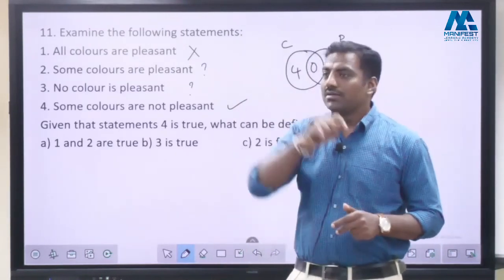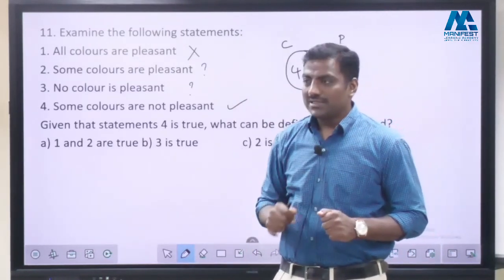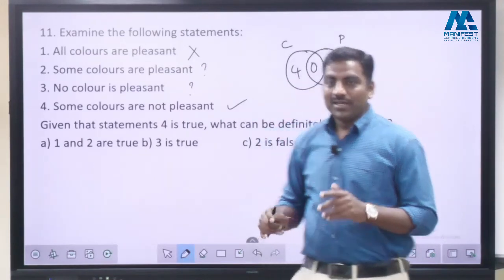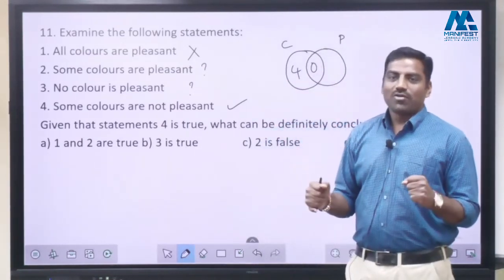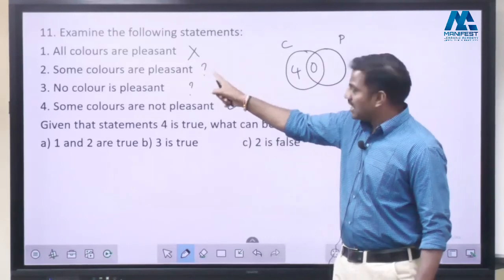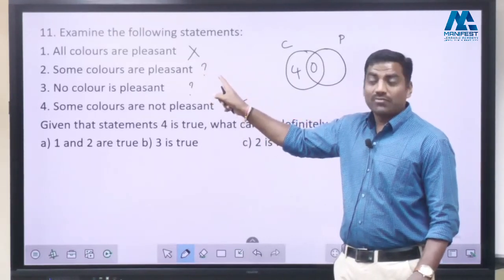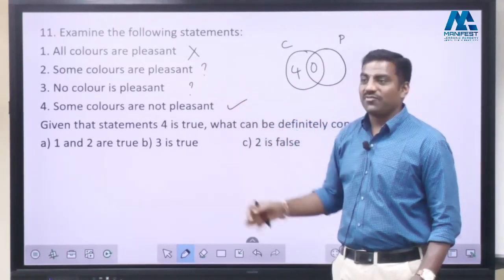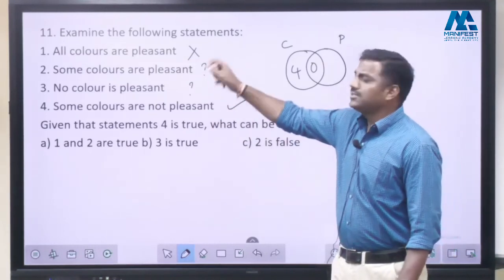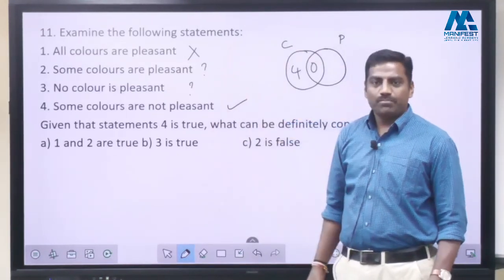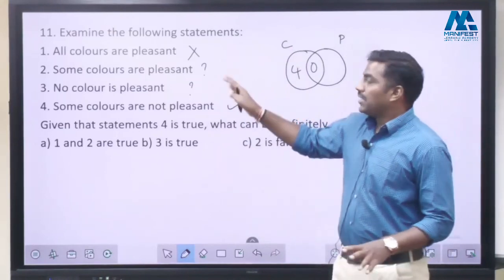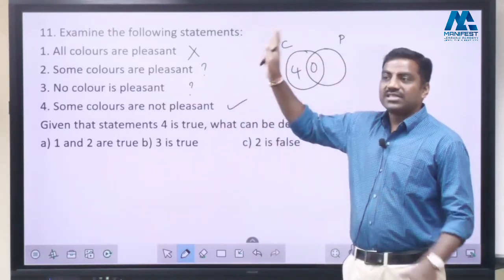What if some of the others are pleasant? I can't say. With full confidence, I can say only this. This I can conclude. But with that, I need some more justification. But this is for sure, I can say, all are pleasant can be discarded.